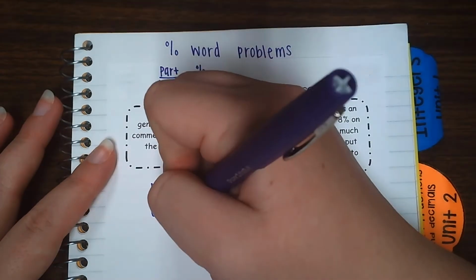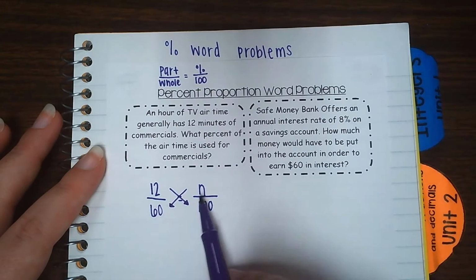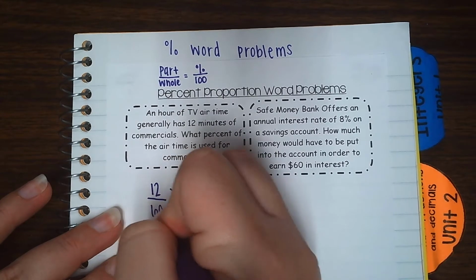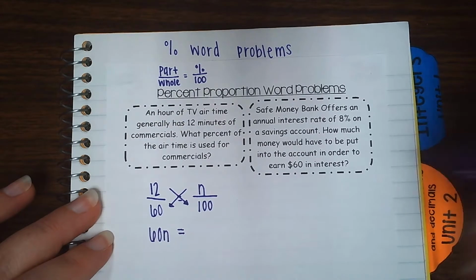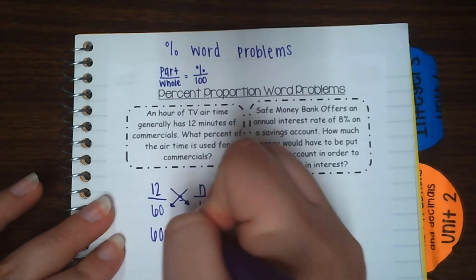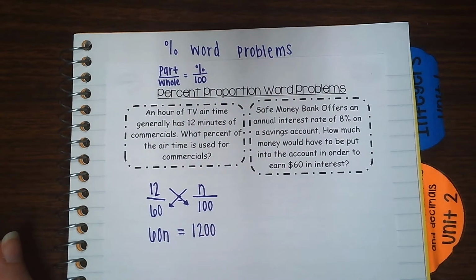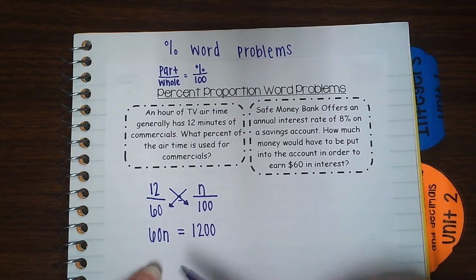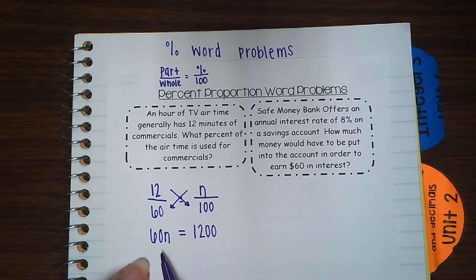Okay, so we're going to cross multiply. N times 60 is 60N. Bring down your equal sign. 12 times 100 is 1,200. Then our goal is to find our unknown, solve for N. So since 60 and N are being multiplied together, remember a number and a letter side by side means that they're being multiplied.